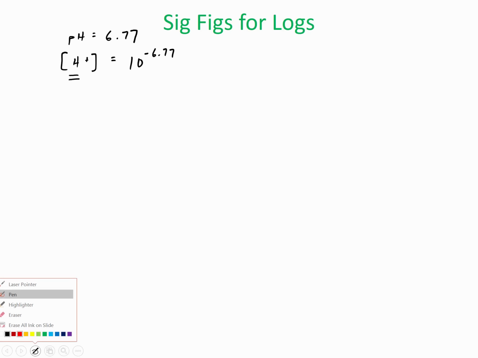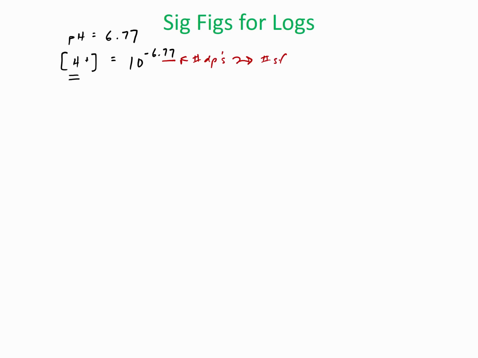The number of decimal places are going to be how many sig figs are in your answer. If you type this in your calculator, you should round after the second sig fig, 1 times 10 to the negative 7th molar. So our result should have 2 sig figs since the pH had 2 decimal places.